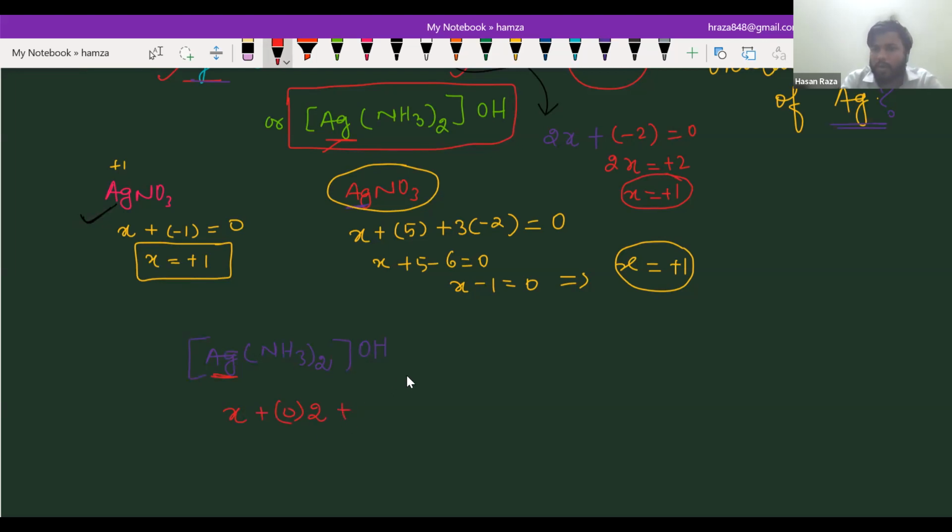And this OH is what? -1, hydroxide ion, so it will have -1, equal to 0, as there is no charge on the compound. Now you can see X minus 1 is equal to 0. So X will be equal to 0 plus 1. So you can see basically in Tollens' reagent, the oxidation state of Ag, silver, is +1. Is that clear to everyone?